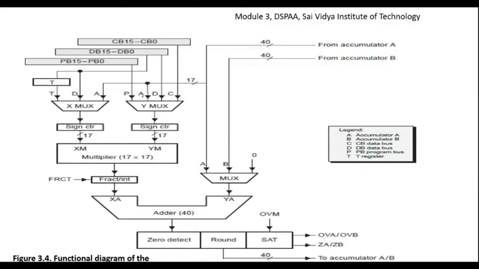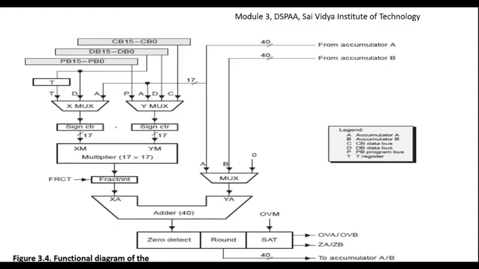And we have here A is accumulator, D is a data bus again, C is another data bus again. We know already from the previous module how a multiplier looks like. A multiplier will have the 17 cross 17 multiplier, and inside the multiplier we also have the product register PR, but it is not shown here, not a problem.